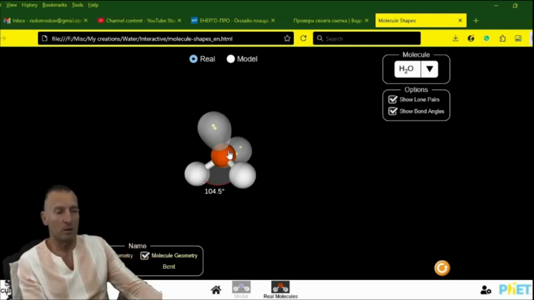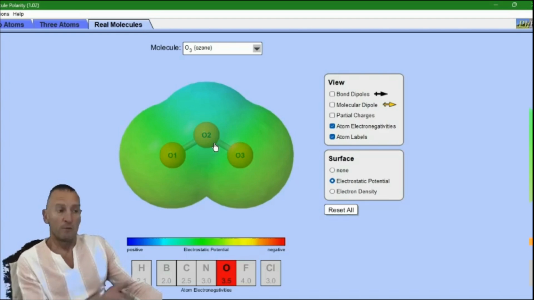Now if you look at the ozone, the ozone steric number is 3, not 4, because you've got 2 bonds here and 1 electron cloud here. You see? So this is why the steric number is dynamic. It's not static. It's not always the same.